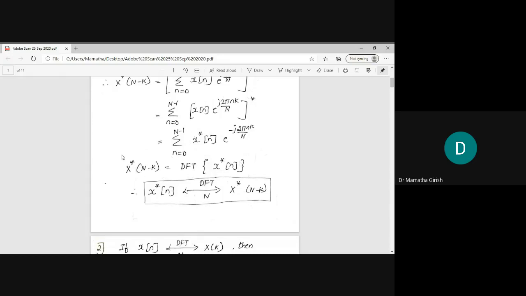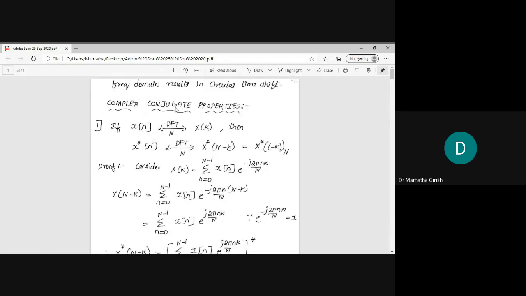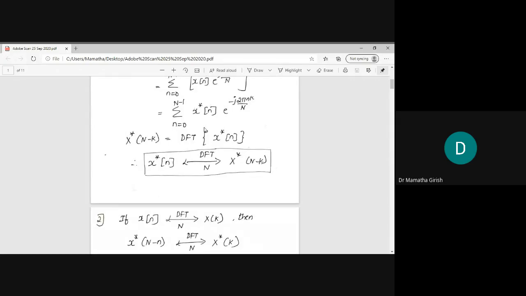What did I have in the LHS? X complex conjugate of N minus k. Hence, we have proved that if x of n forms an N-point DFT pair with X of k, then by the very property statement, x complex conjugate of n also forms an N-point DFT pair with X complex conjugate of N minus k.